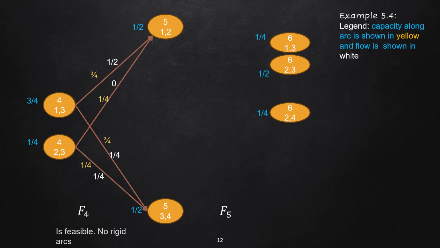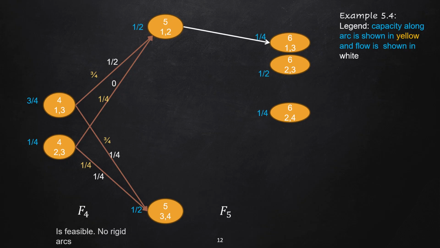F5 is built by considering different arcs, like 512 to 613, and looking at the restricted network corresponding to that.